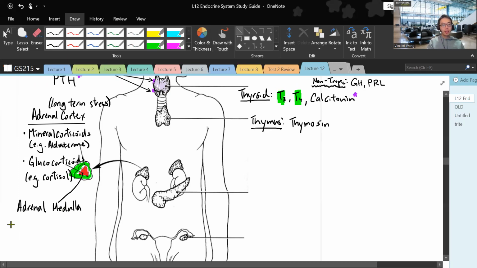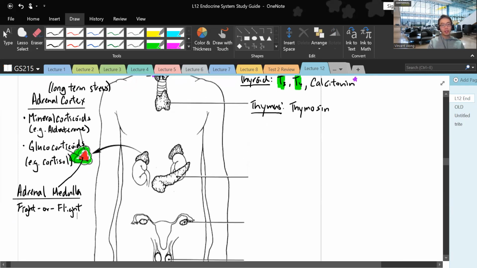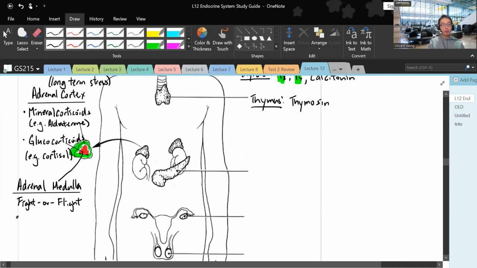Okay, so the adrenal medulla, that is more for immediate stress, fight or flight, right? Your sympathetic system, right? We learned about that. And there are two hormones that do that. There is the epinephrine.